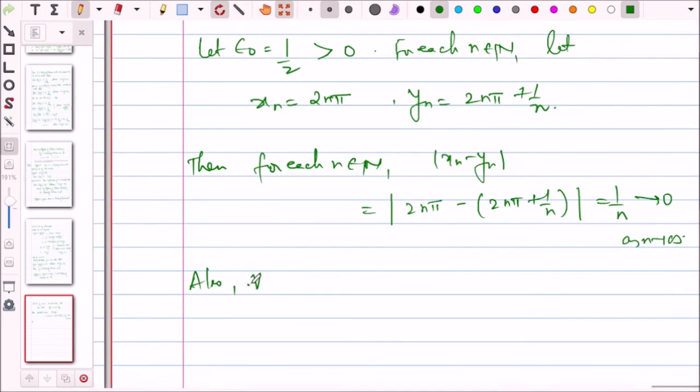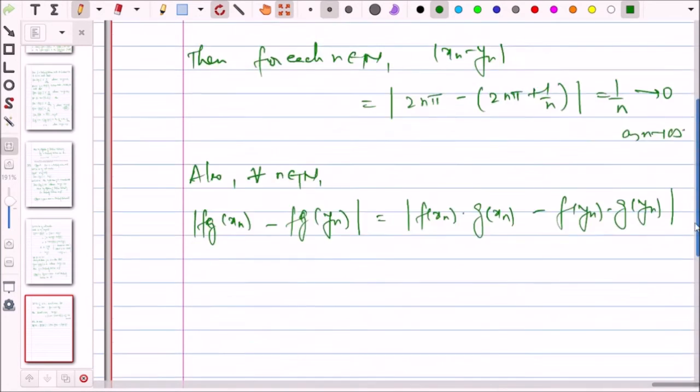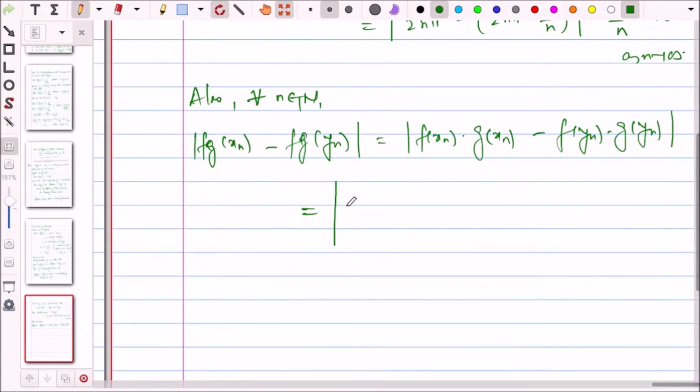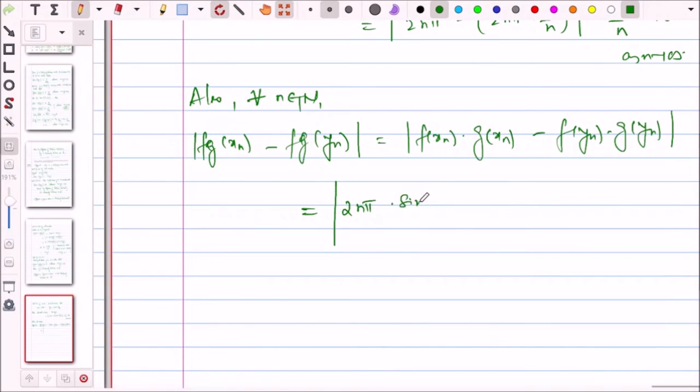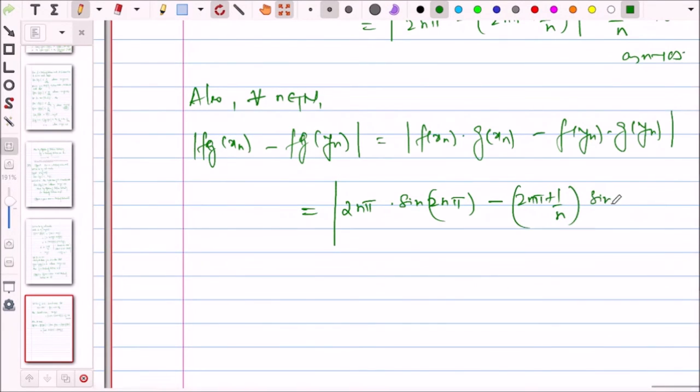Also for all n belonging to N, |fg(xn) − fg(yn)| is equal to |f(xn)g(xn) − f(yn)g(yn)|, which is equal to |2nπ sin 2nπ − (2nπ + 1/n) sin(2nπ + 1/n)|.